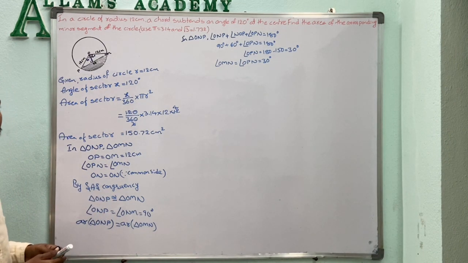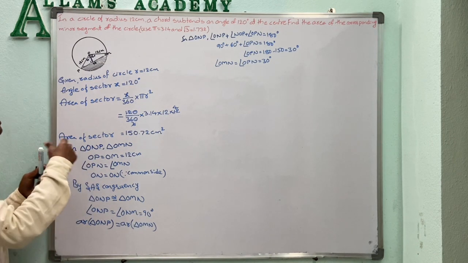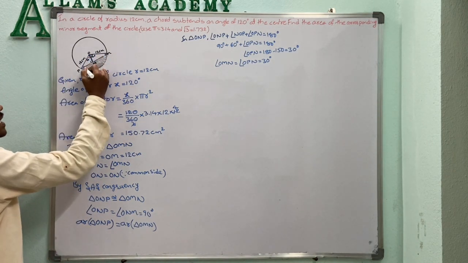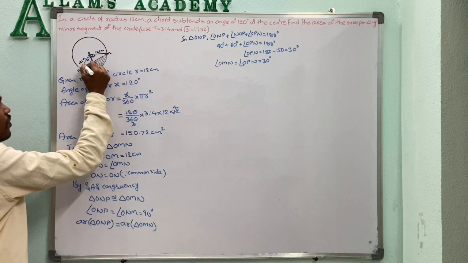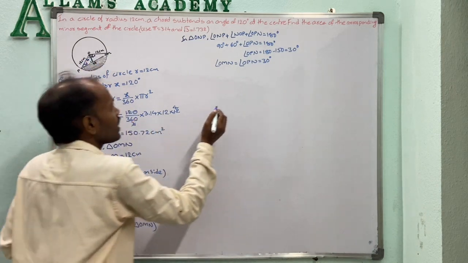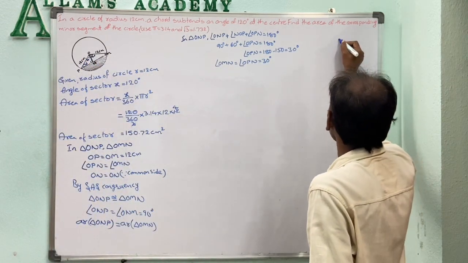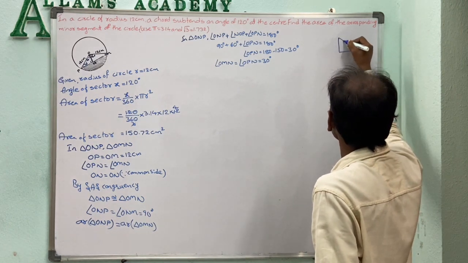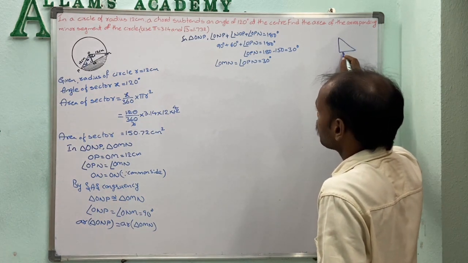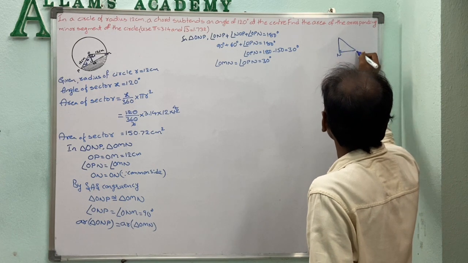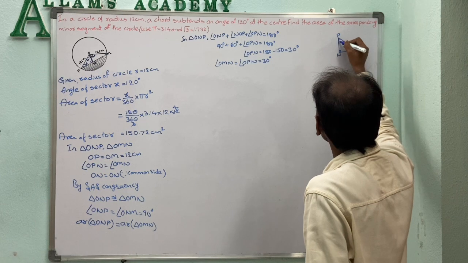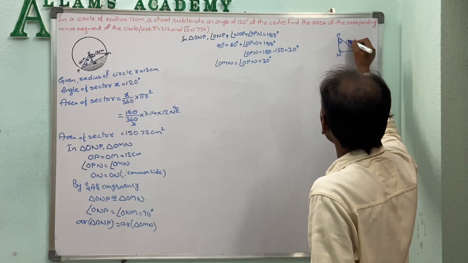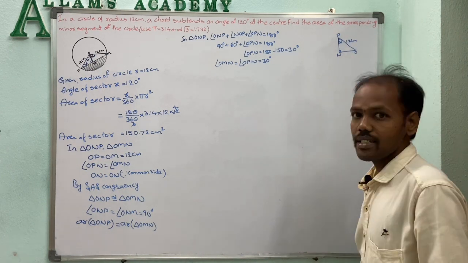For that we want to find the base and height. In triangle ONP, the base is ON and the height is PN. Now if we draw the triangle NOP, at P the angle is 30 degrees, and OP length we know is 12 centimeters.